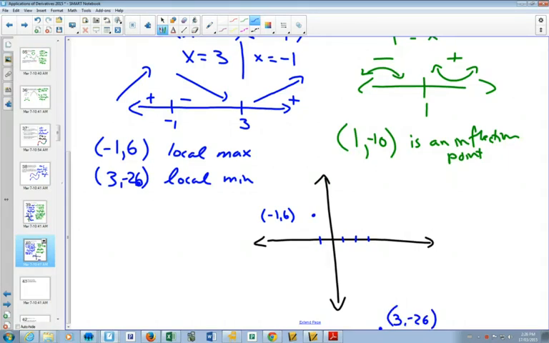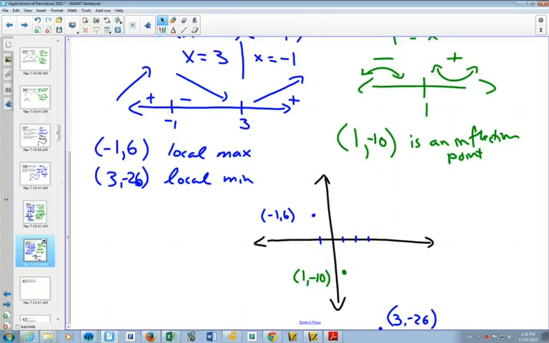Again, you don't have to be perfect in your drawing, but the scale should be reasonable. Okay, so I tried to match up whatever I used as a length of 6 to a length of negative 26. And 1 comma negative 10, that's my inflection point. That would be, yeah, about there.